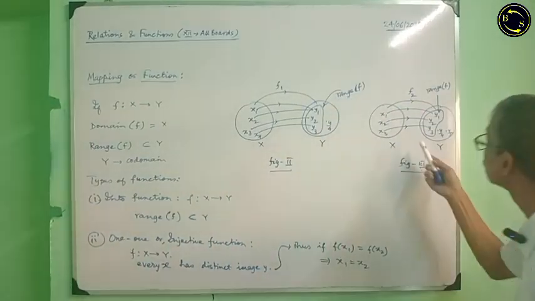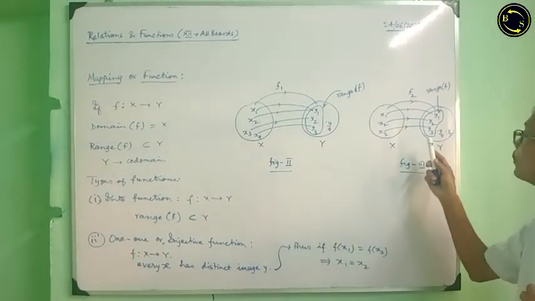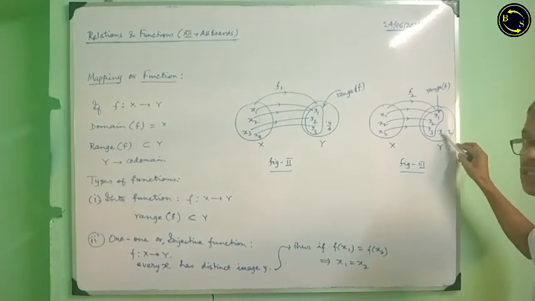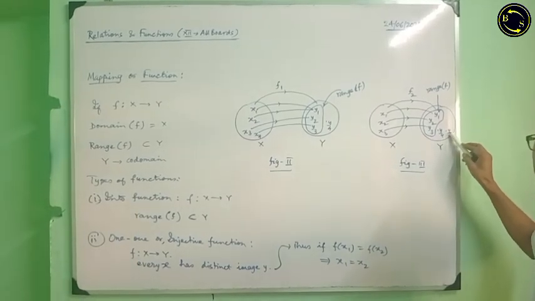Now, if we follow this diagram, we see there are two y's, y4 and y5.